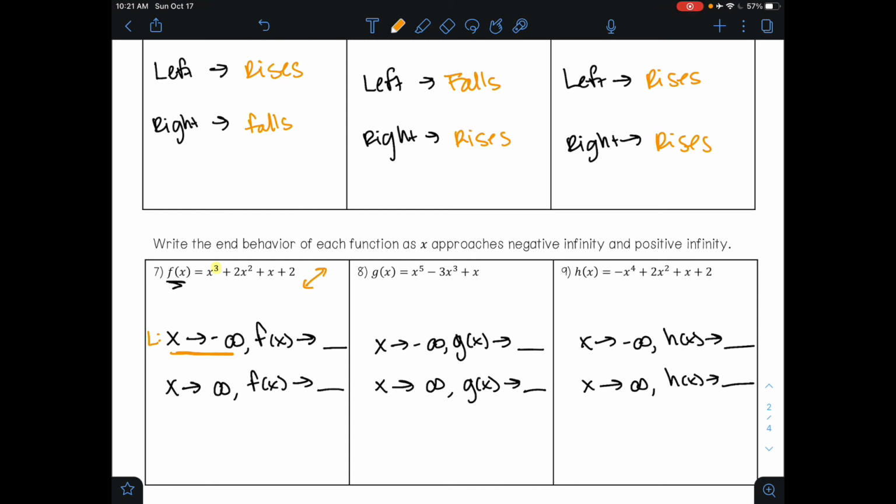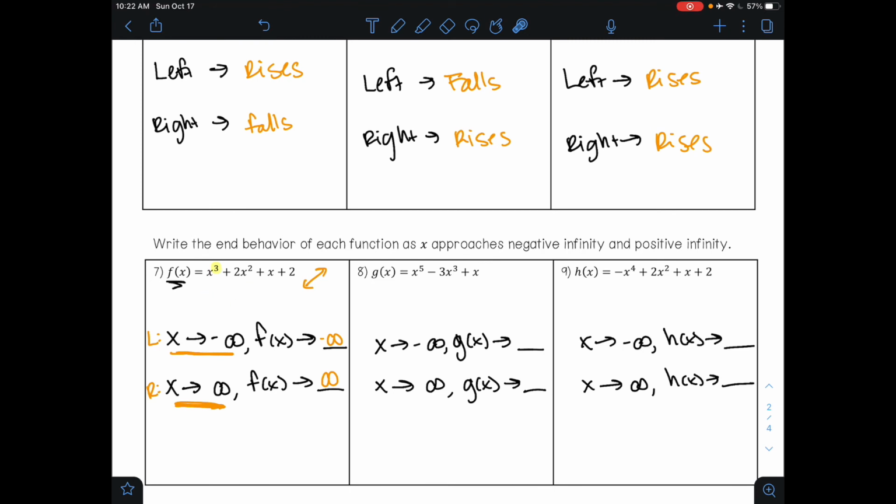The left side of this graph is pointing down, so that's going to negative infinity. As x approaches positive infinity, that's telling you to look at the right side of the graph. The right side of the graph is going to be pointing up, and so that would be going to positive infinity. If you're wondering how I'm getting that this is the end behavior, just go ahead and graph this in Desmos and get it from there.